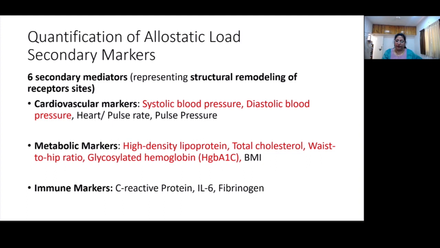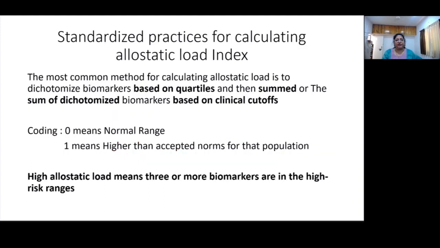What you have to do is measure these markers, and then calculate the allostatic load index. That is done by standardized practices, and the most common method used to calculate allostatic load is to dichotomize the biomarker based on either the quartiles or the clinical cutoff. A code of 0 is given if the marker is in the normal range, and 1 means it is in a higher range than the accepted norms for that population.